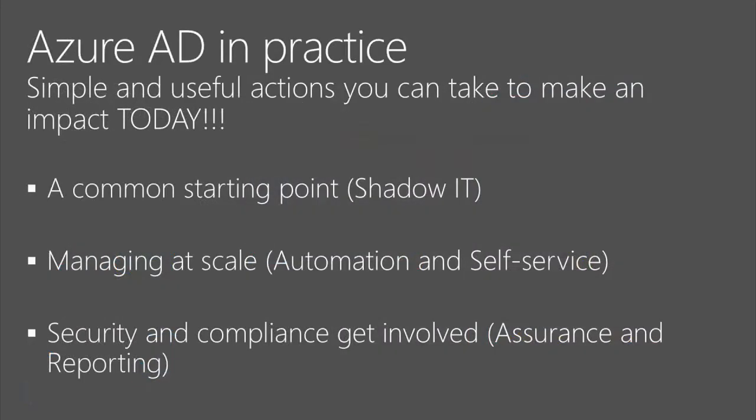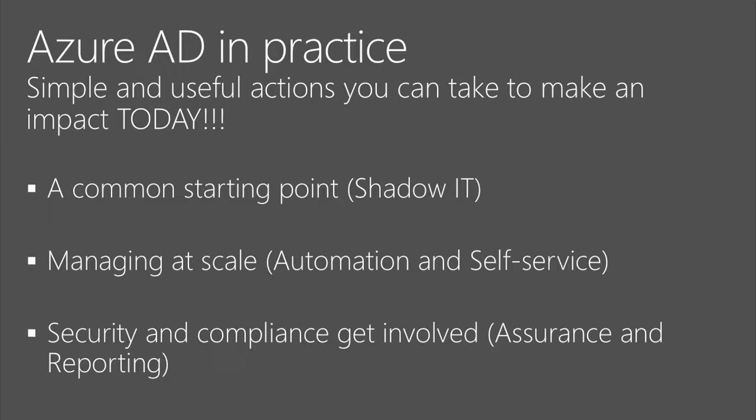Basically what we're looking for is identifying some really clear and useful actions that you can do to make an impact to your company today. And so we'll break it into three parts. The first part is the very common starting point, which is addressing shadow IT. This is an area where there's massive use and uptake of applications, and how can your IT organization, which is responsible for ensuring the security and the productivity of the company, gain control of that?